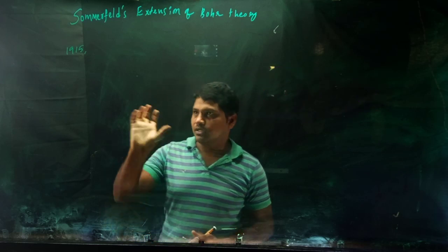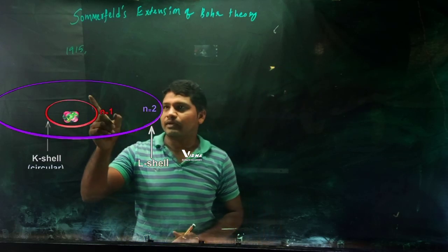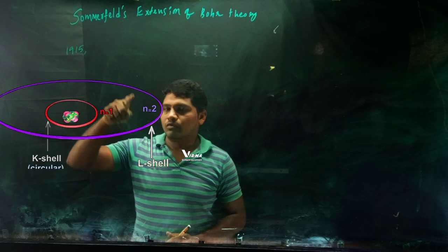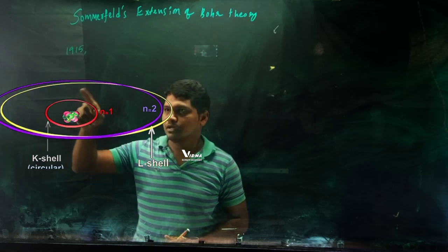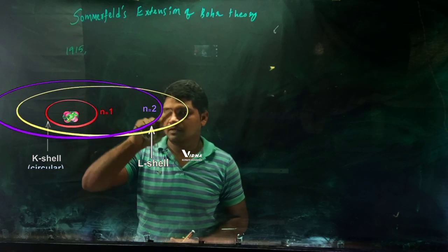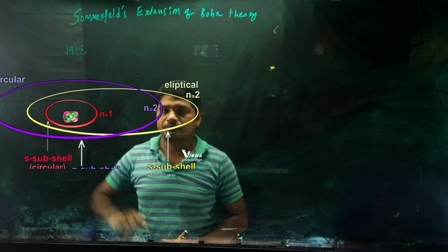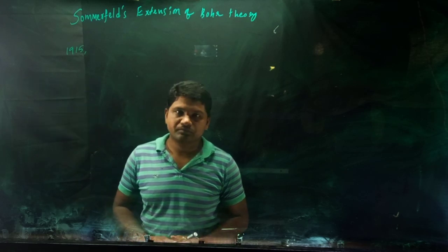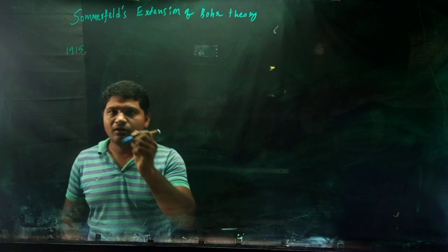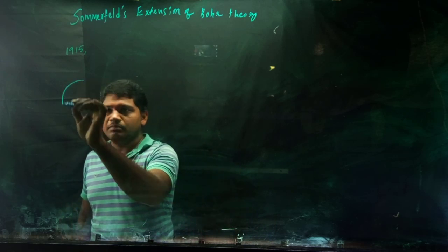We can observe on the screen one circular orbit and another, an elliptical orbit.